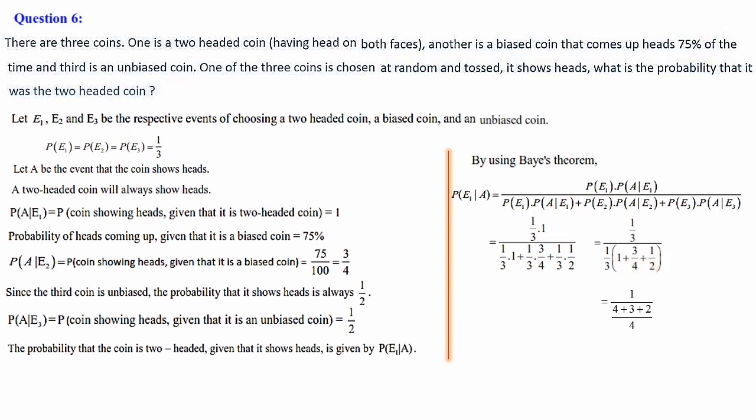Here we can take 4. So when we take common denominator 4, 1 into 4, 4, plus 3, plus here you have to multiply 2, so 4 plus 3 plus 2 divided by 4. That is equal to 1 divided by, 4 plus 3 is 7, 7 plus 2 is 9, 9 divided by 4. That is equal to, reciprocally you have to take 4 by 9. So the required probability is 4 by 9.